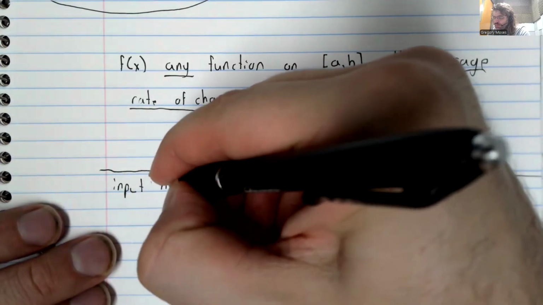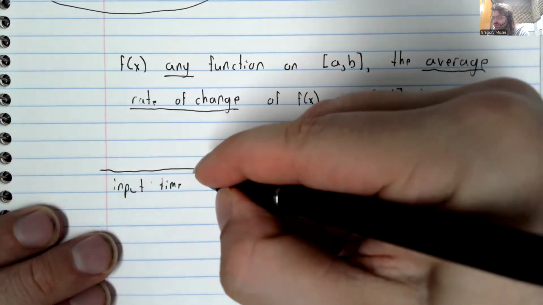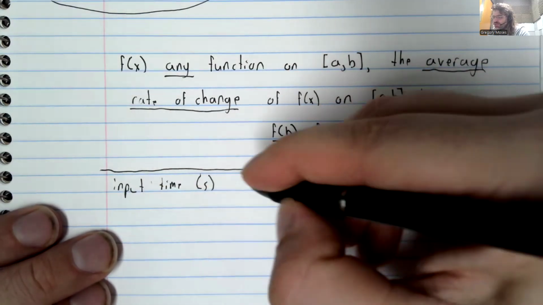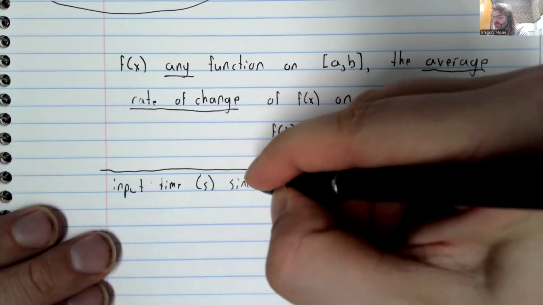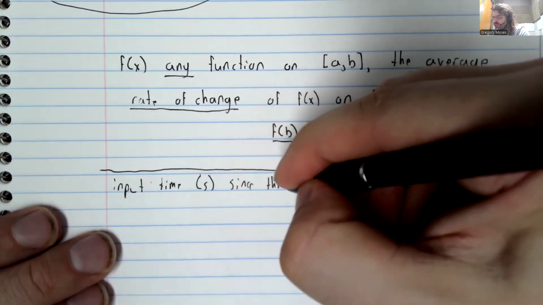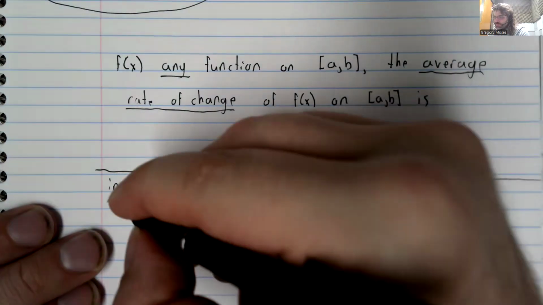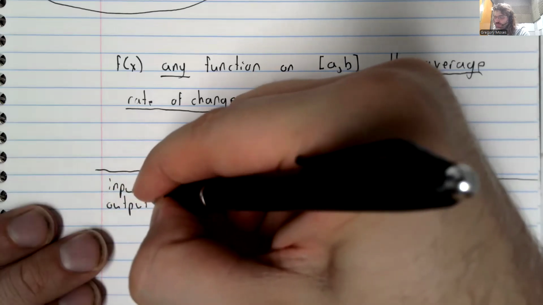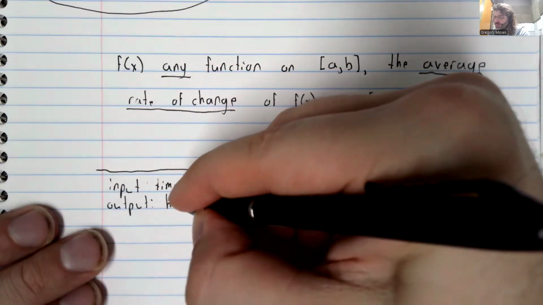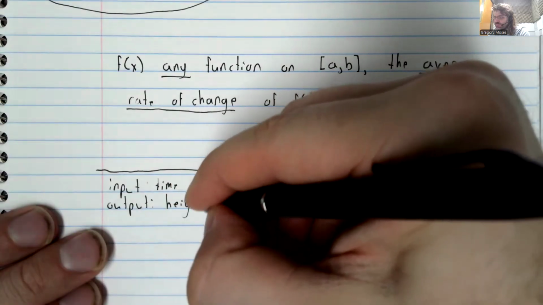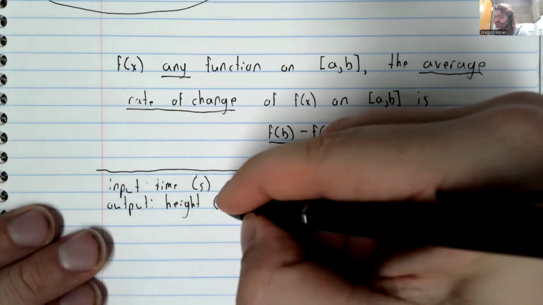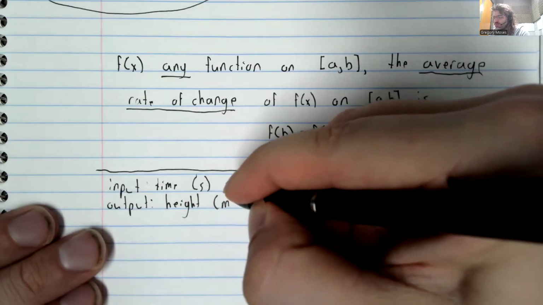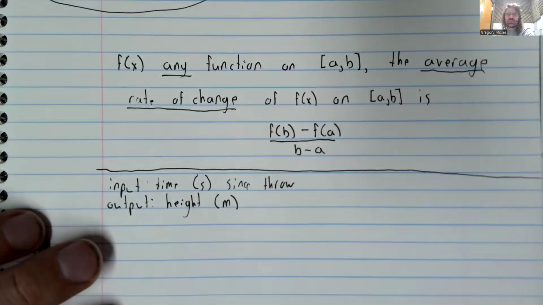And the input will be the time in seconds since the throw, and the output will be the height in meters, is what I'm most used to.